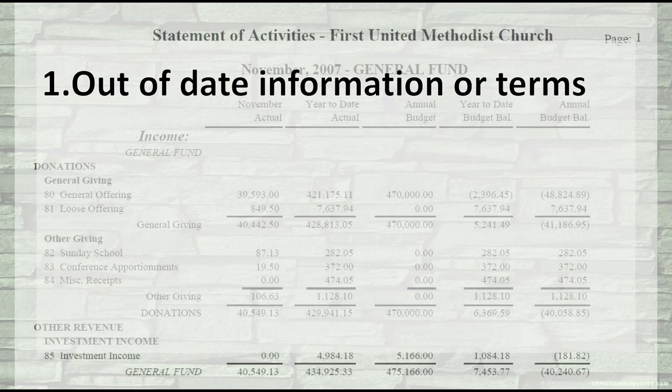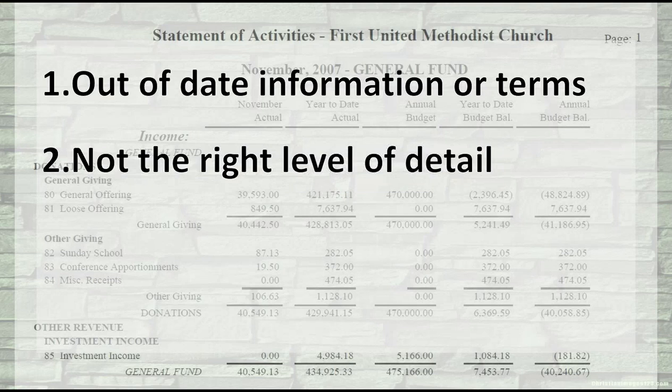There used to be 3 lines of apportionments, and those names changed. Now we're to 1 line for apportionment, 16%. So there are outdated terms and outdated information right there. Some of it is also not the right level of detail.